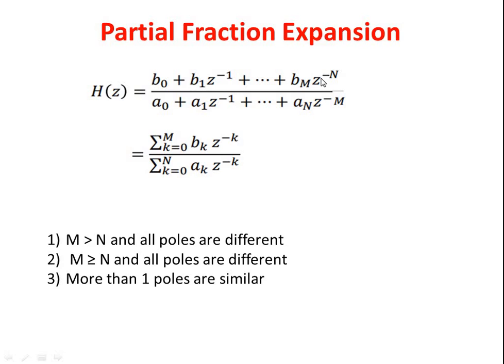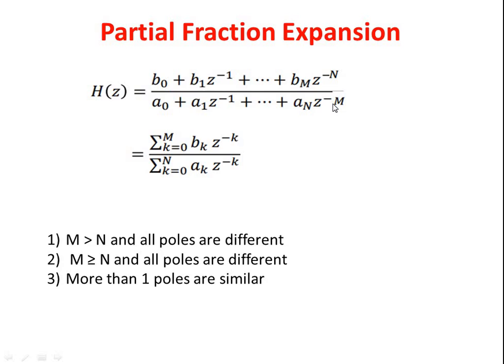Another one: suppose you have an equal number of orders in both numerator and denominator and all poles are different, that is another type of solution we can expect. And the last one is where we have a number of similar poles, meaning repeated poles.